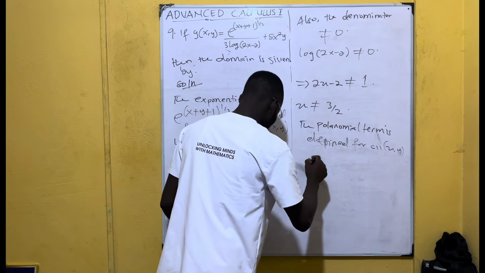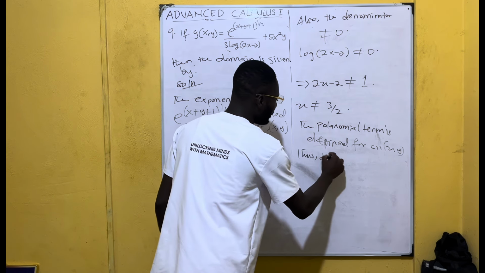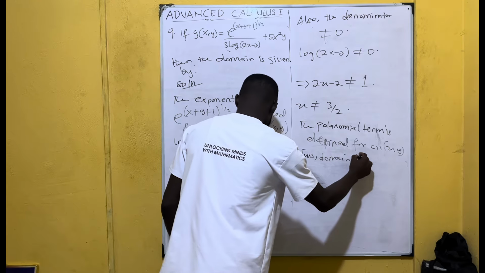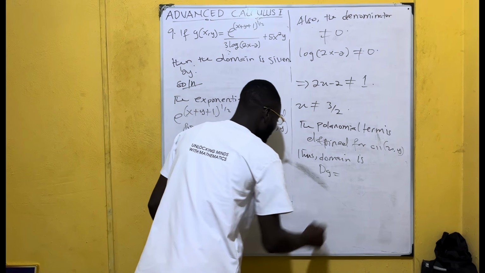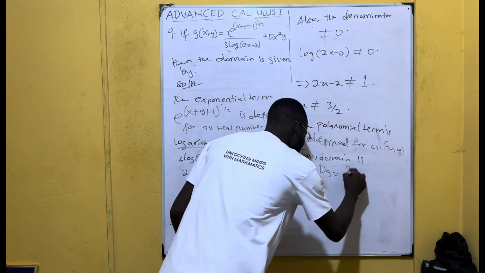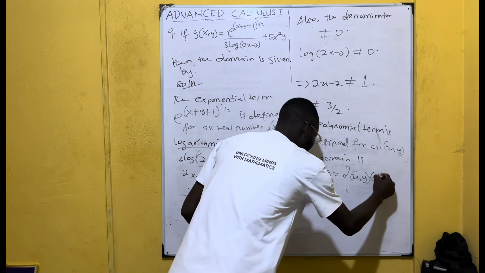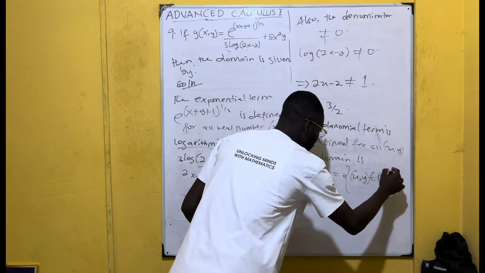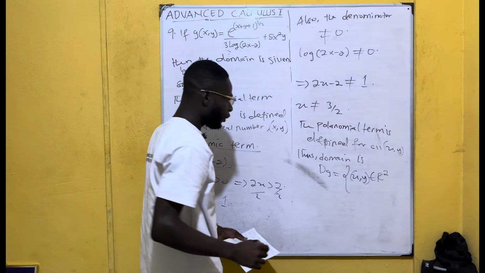Okay, so our domain will be equal to x comma y belonging to R squared. R squared here means we have x and y, that's why we are calling it R squared.